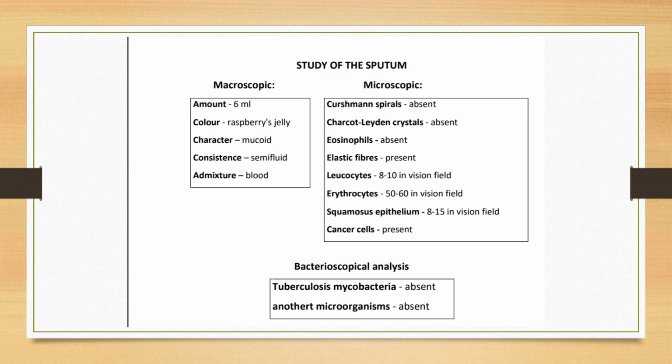In this analysis, you can easily see the presence of the cancer cells. Even you do not need to look for anything else. This is cancer metastasis. But on the examination, you must formulate the conclusion like this. We see raspberry jelly color. We see the presence of leukocytes, squamous epithelium, and these indicate inflammation, and the presence of special cancer cells indicates lung cancer or cancer metastasis.